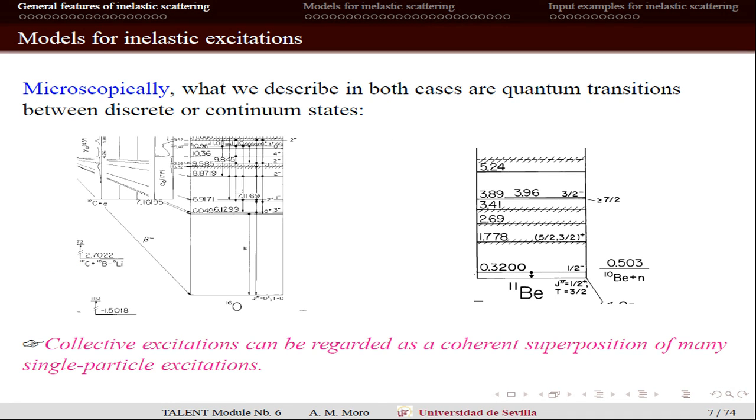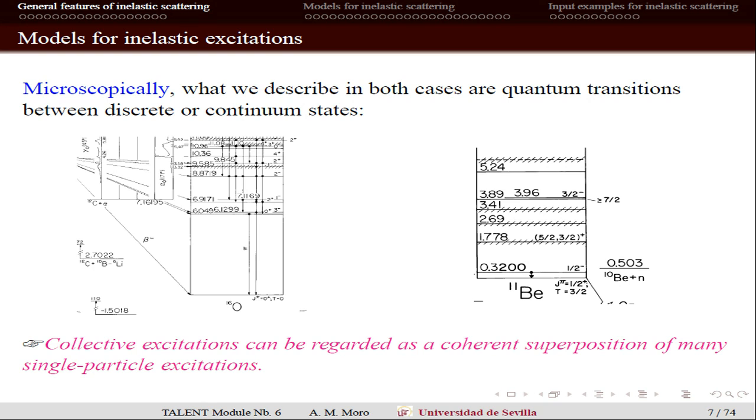Okay. In both cases, these are, as I said, extreme models to describe in a simple way what is happening. In practice, we always have to bear in mind that what we have are excitations between the physical states of the system.